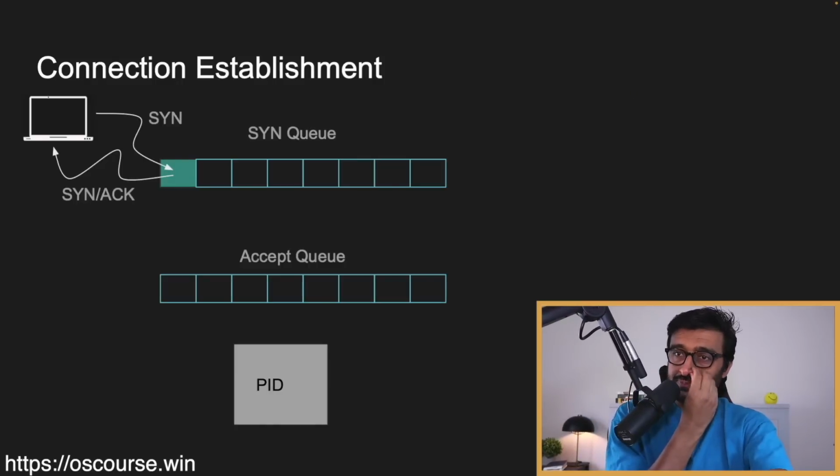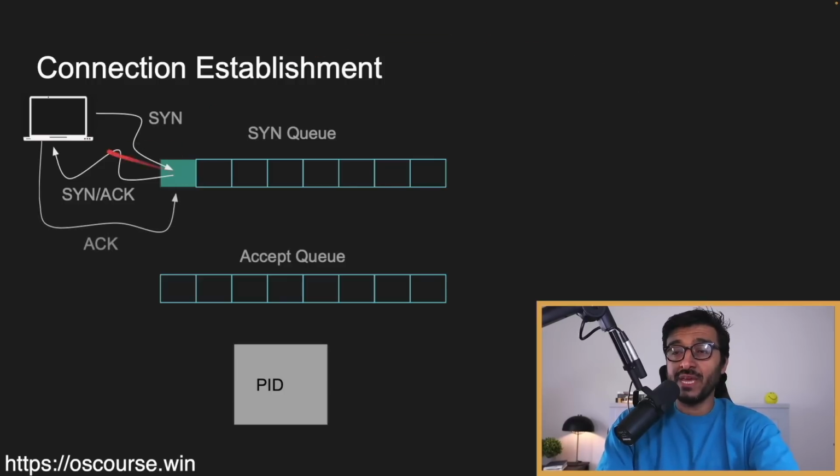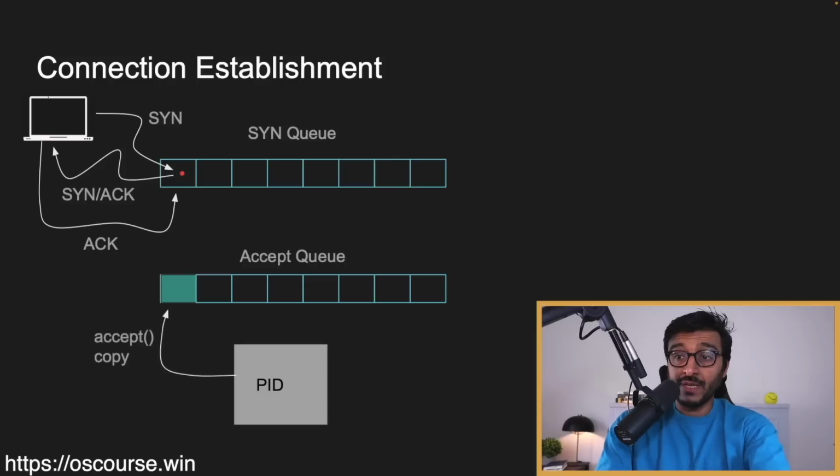Absolutely beautiful. So now we send the SYN ACK. Let's say we have a behaving client that replies back with an ACK. Now you have a full-fledged connection. The kernel removes it and adds it to the accept queue. Now we have a free connection here. Then the process calls accept, which will copy that connection, create a file descriptor, and copy it to the user's file space.